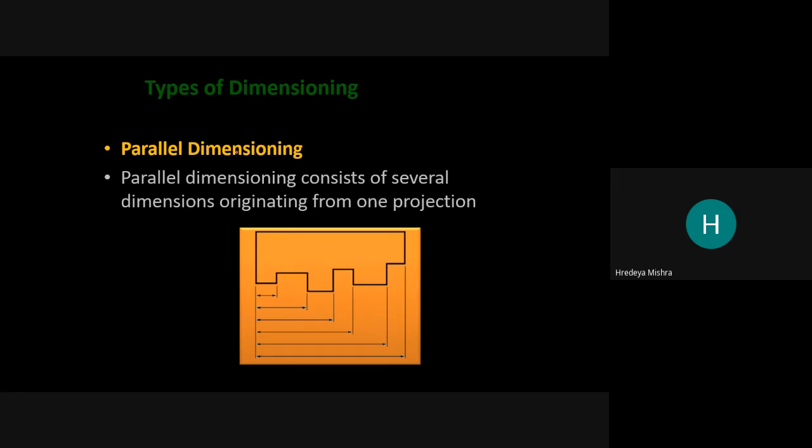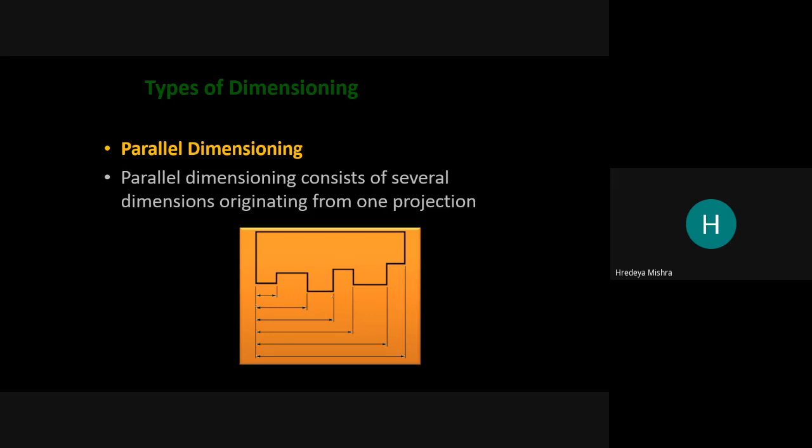Types of dimensioning: parallel dimensioning. Parallel dimensioning consists of several dimensions originating from one projection line. See what happened here.